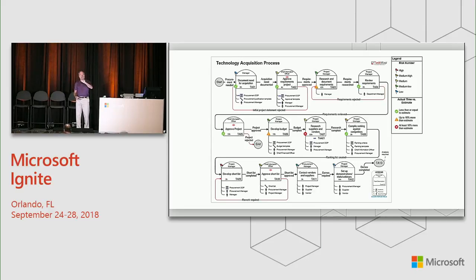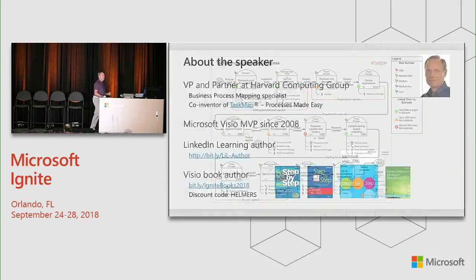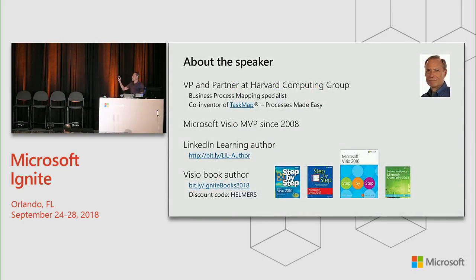In the upper left-hand corner are little flags that are different colors depending on the risk assigned to that task. And in the lower left corner is a little icon that shows how we're doing for actual completion time for each task versus our budget, our estimated time for the task. And those legends over on the right-hand side, those were automatically generated by Visio as well. So that's where we're headed.